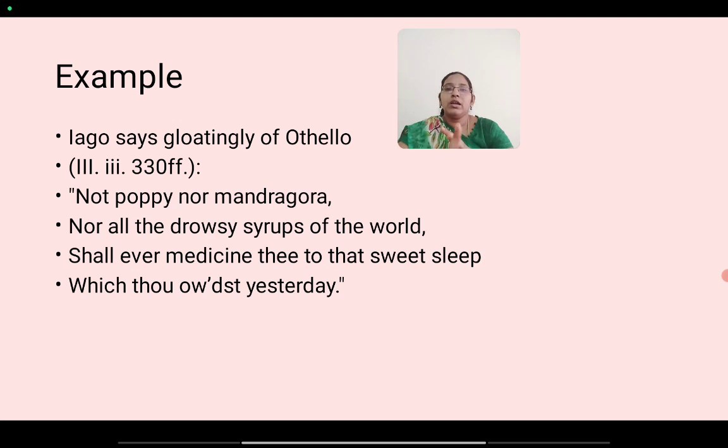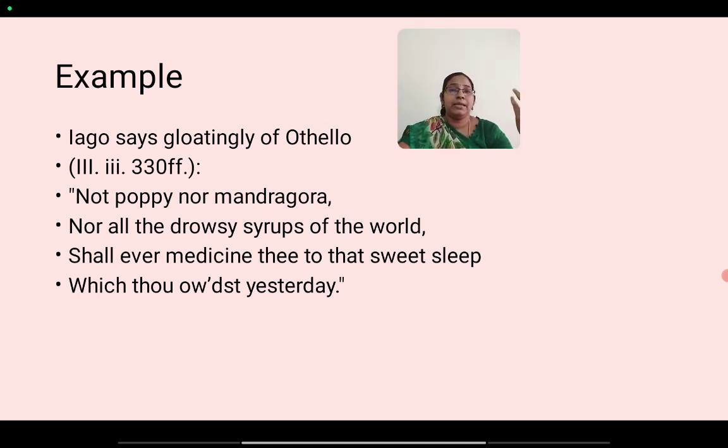But we find he is gloatingly talking about Othello, saying: not poppy nor mandragora, nor all the drowsy syrups of the world shall ever medicine thee to that sweet sleep which thou owedst yesterday.